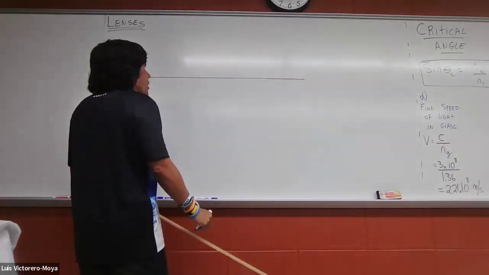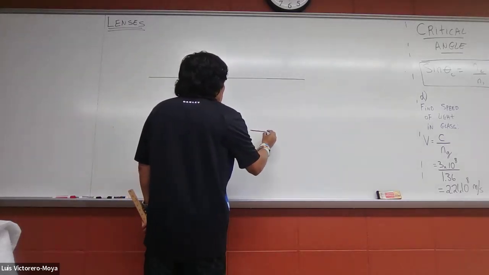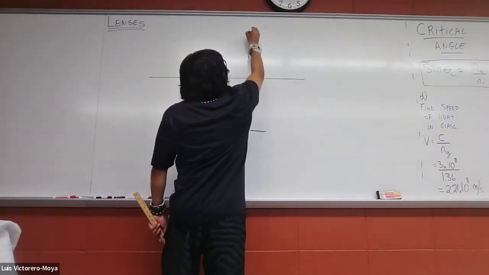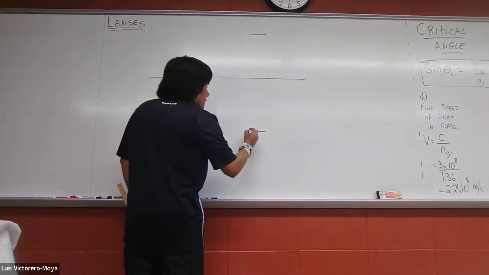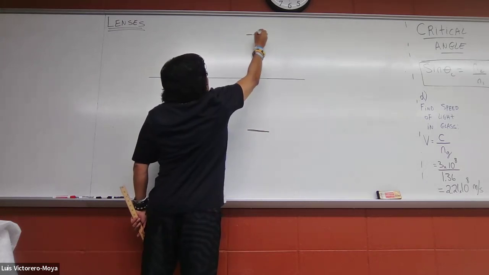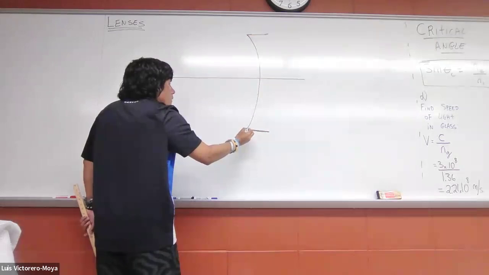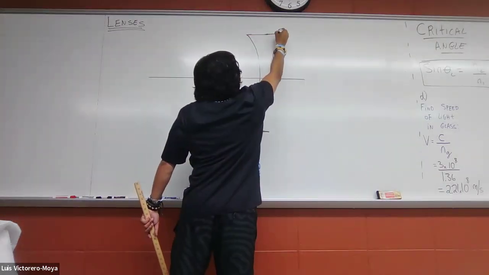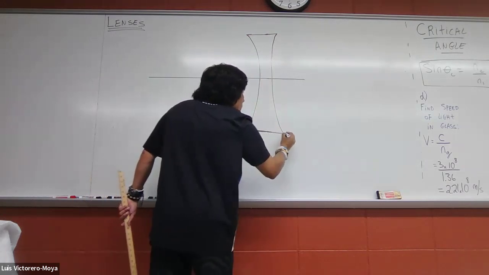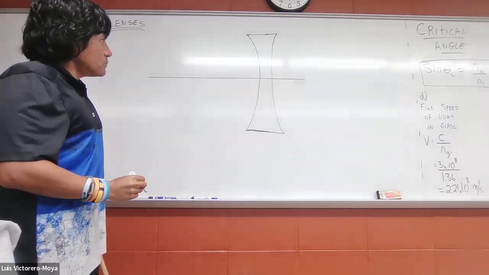All right, so that's the optical axis again. Let's draw the lens. Like that. So that's the divergent lens.